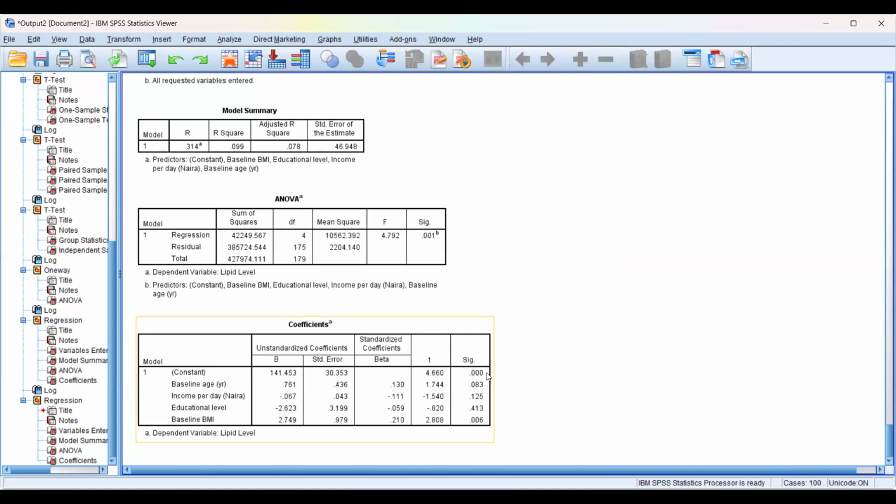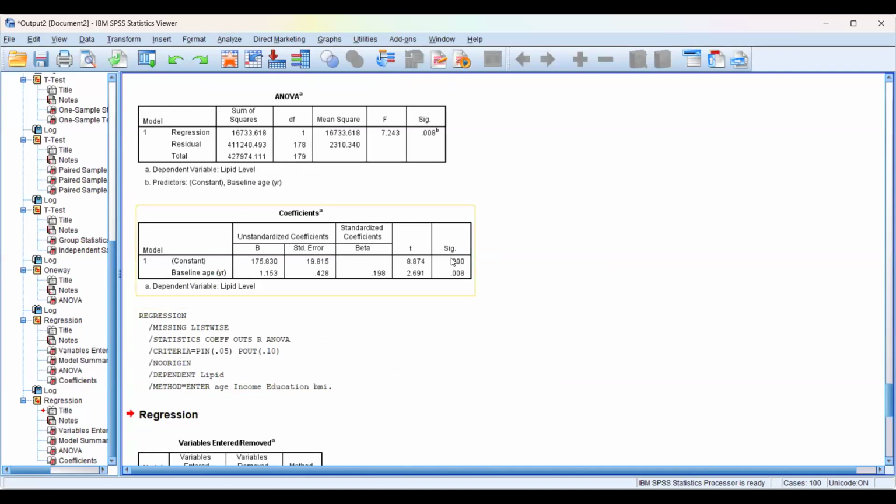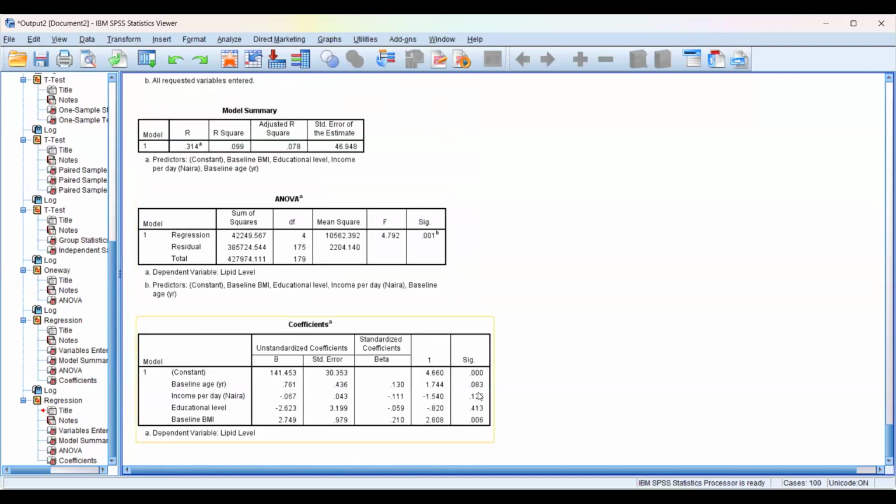You will notice that there is 0.000 here. This one is a constant. It's not a variable. It's not an independent variable. Likewise, on the former one too, let me show us. You can see it's also here. It's a constant. It's not a variable. So we are not looking at that. We are only looking at those that are our independent variables, that's these last 4 here.